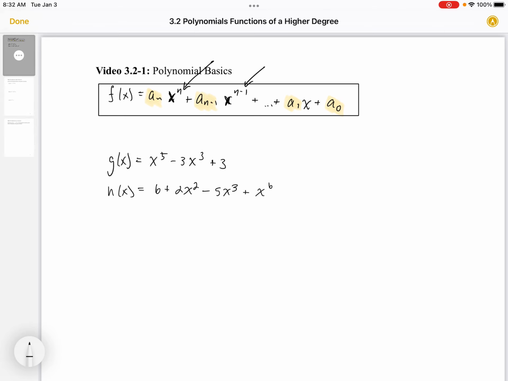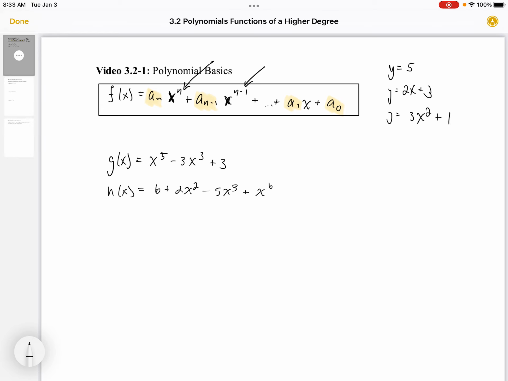And almost, I don't want to say every function that we've looked at has been a polynomial, but many of the functions that we've looked at have been. y equals 5, that's our constant function. y equals 2x plus 3 is a polynomial. y equals 3x squared plus 1 is a polynomial.